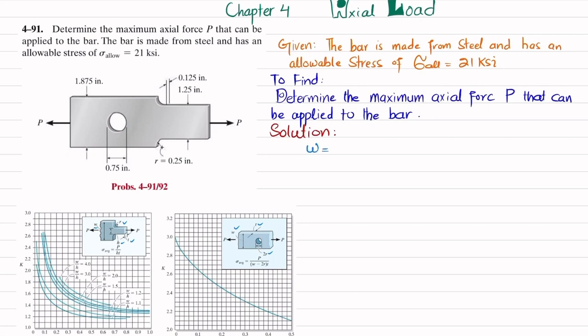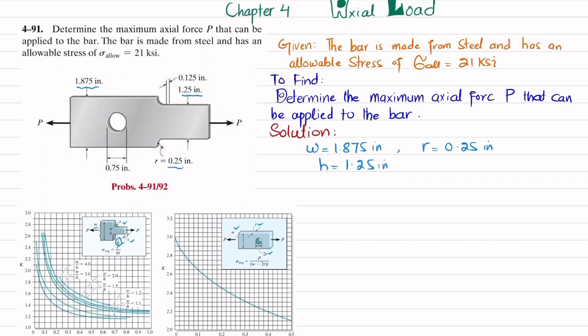From this figure you can see W is 1.875 inch. Now what about R? R is the fillet radius, so R is 0.25 inch. What about this H? H is the smaller height, which is 1.25 inch.